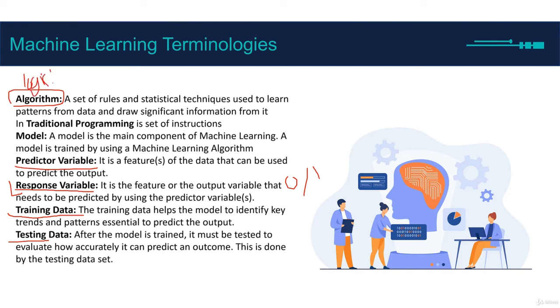Why did I choose logistic regression? Because logistic regression is known for binary classification. Okay, and after I trained on the data, I had a model, and then I applied the test data on the model, and then I know the accuracy of that model.